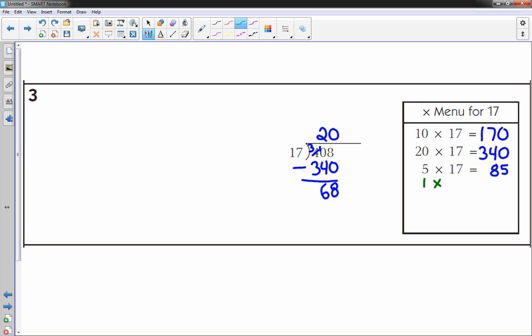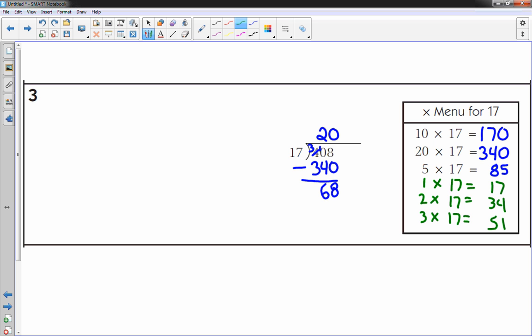Maybe I should start with 1. 1 times 17 is 17. 2 times 17 is doubled that, 34. 3 times 17, just adding another 17 to the 34, so I think that's 51. And I can see that 51 is 17 away from 68.